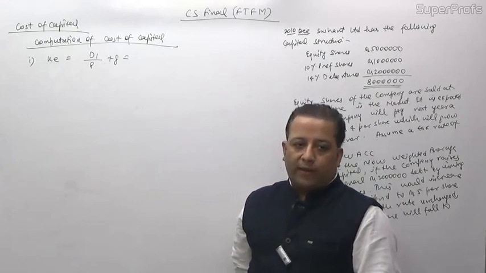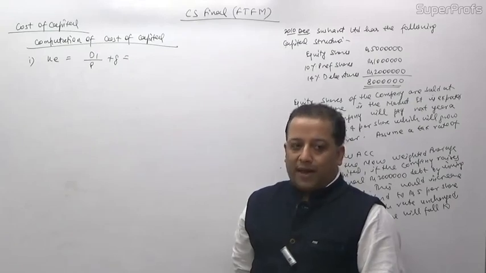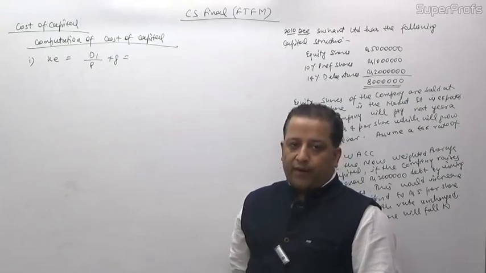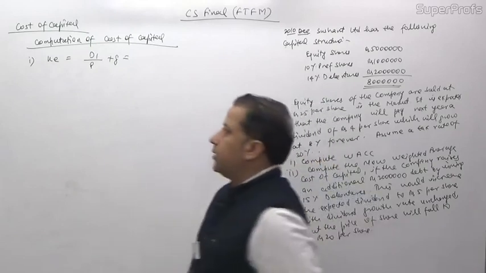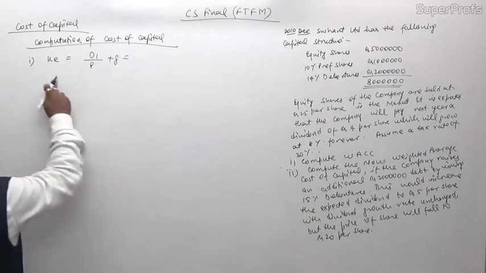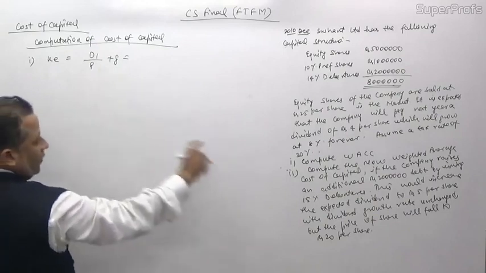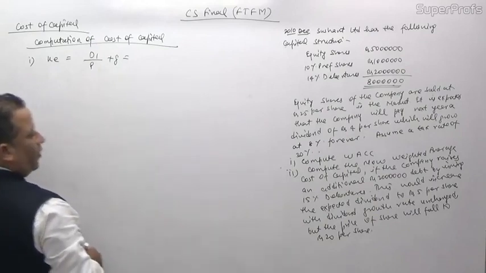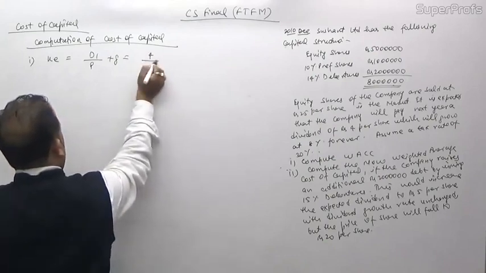If the next expected dividend is not given, then to the last declared dividend we have to add the growth in dividend. But the D1 is already given in the question. The value of D1 is rupees 4 per share.